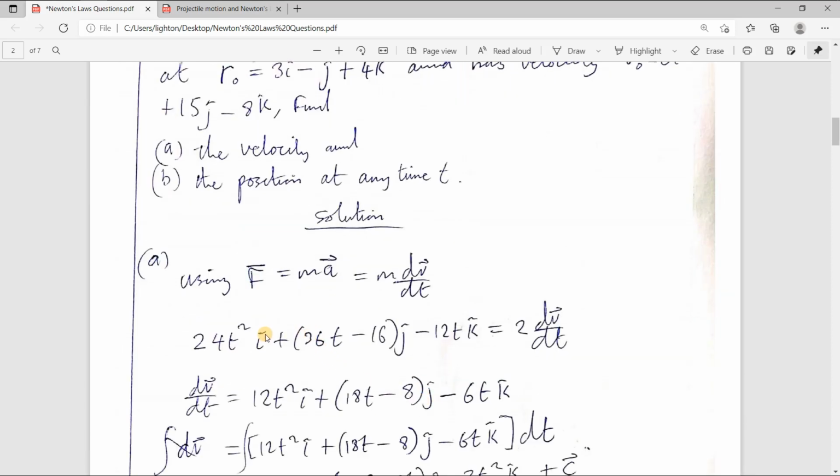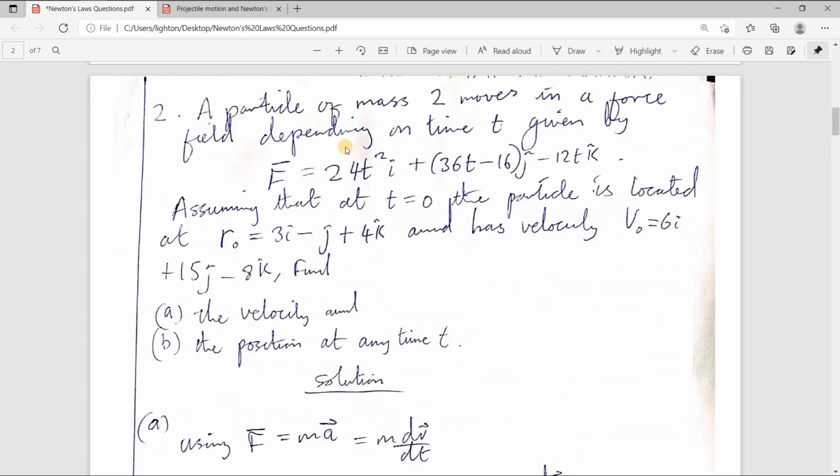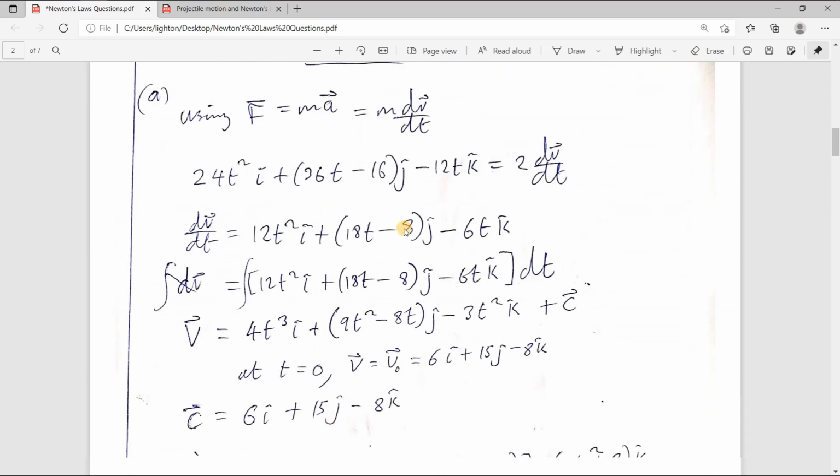So we're going to take the force as it is given, put it on the left. So this is the force, which is equal to m, which is 2, times the acceleration, which is just dv over dt. We can divide the left and the right side by 2 so that we have this expression here.